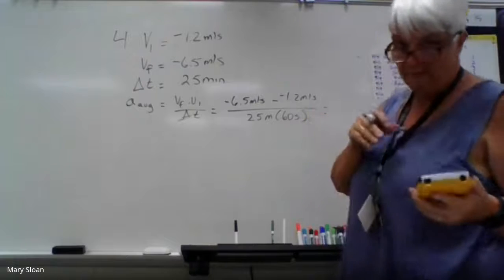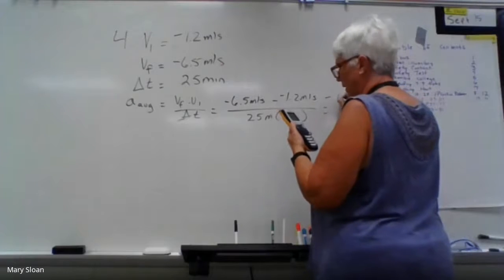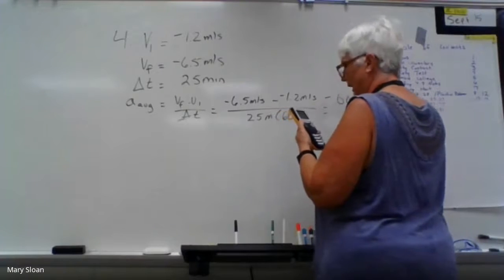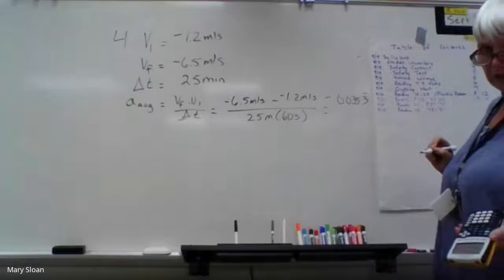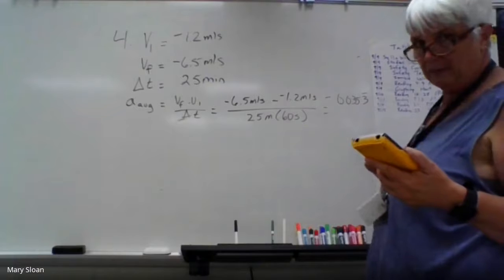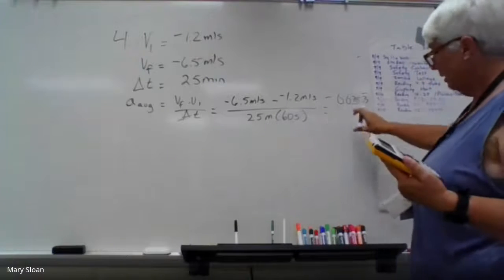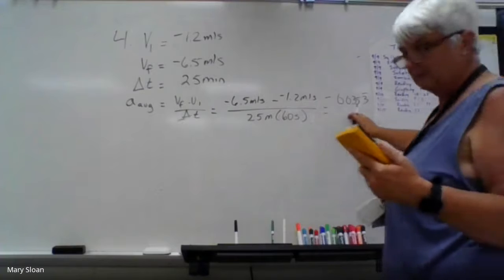First of all, my first answer I got was negative 0.00353333. Yep, I got the same thing, Miss Long. And I changed it to scientific notation because I like it better. So go ahead and change your mode to scientific notation. This is a correct answer, by the way.